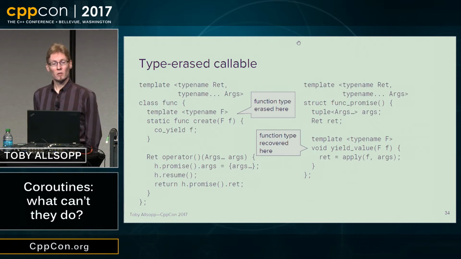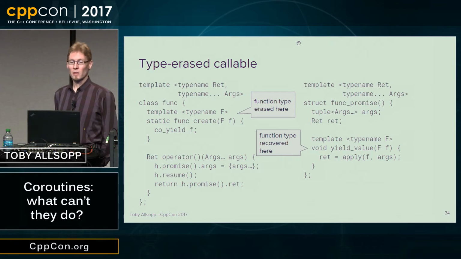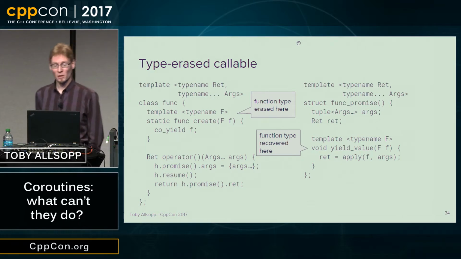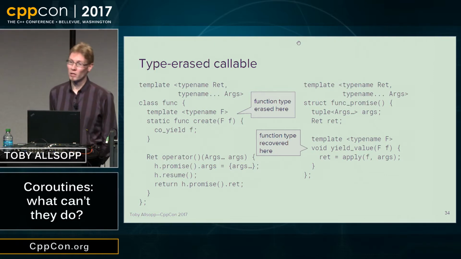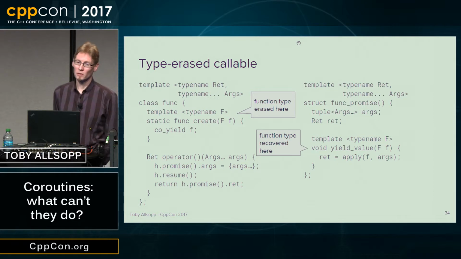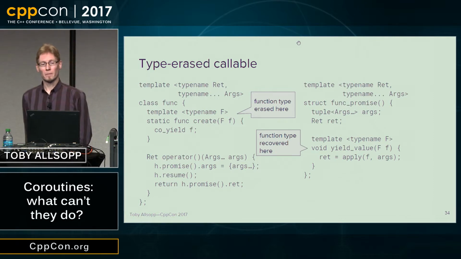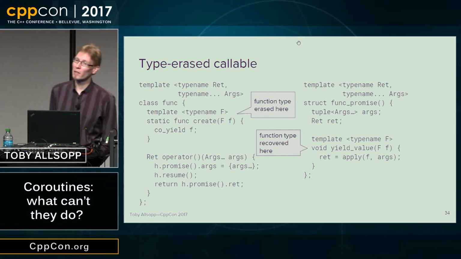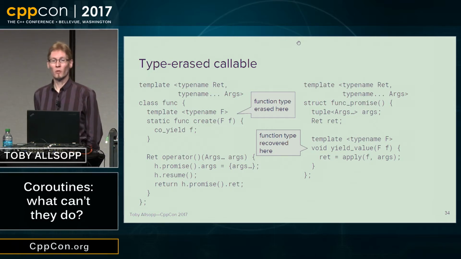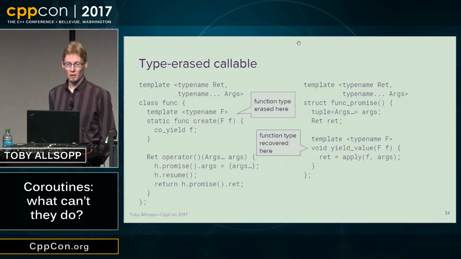So this is a template also. That template parameter f is more specific type information than is apparent in the return value of that coroutine. Its return type just encodes the return type and the arguments of the function, not the actual type of the function.